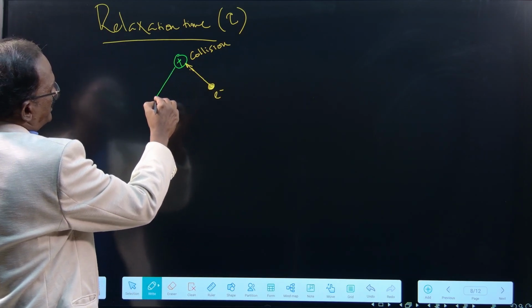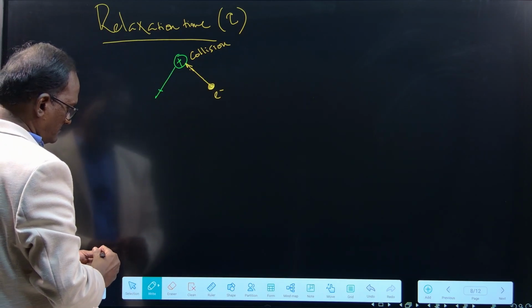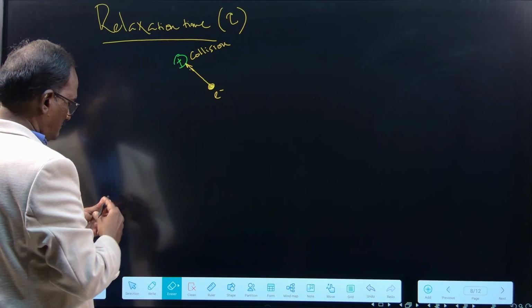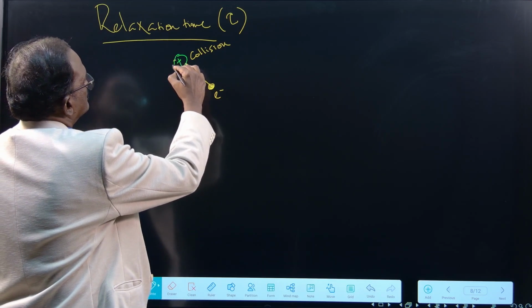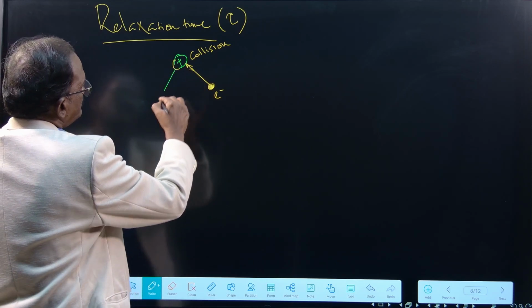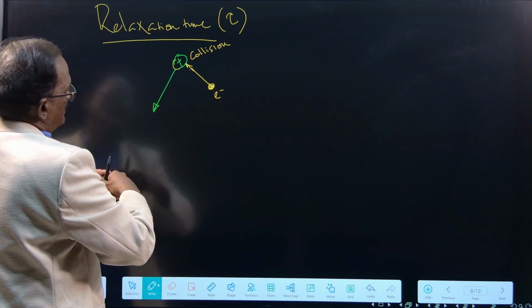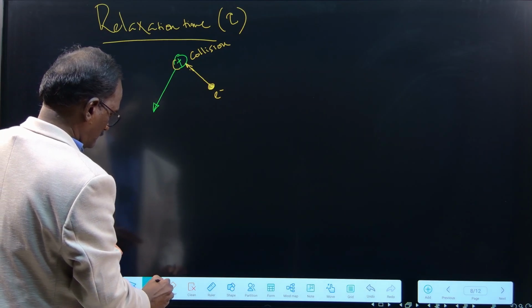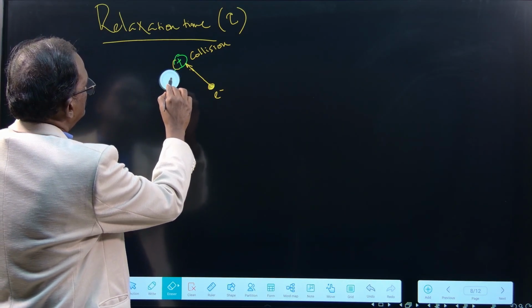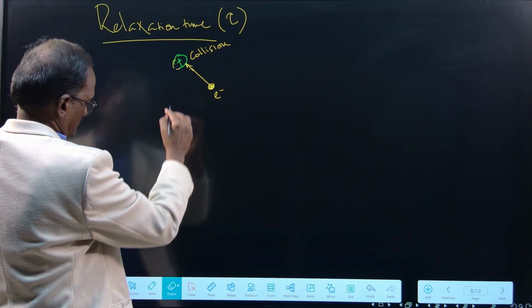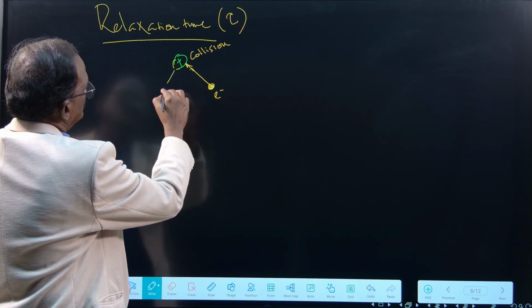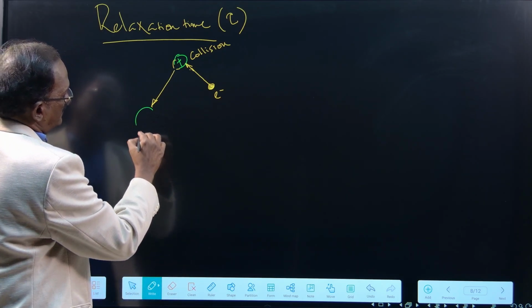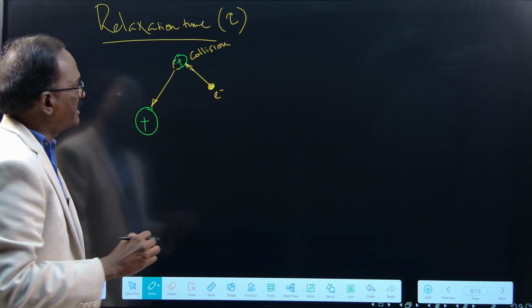Then from here it moves here. Another positive ion.